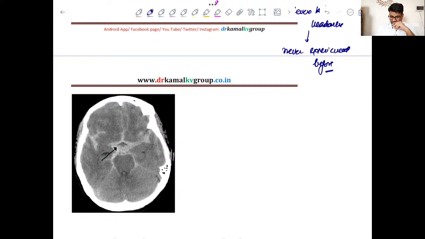Now this area is all the area of optic chiasma. We have already discussed, right? So this is the area of optic chiasma, and what you can see are the white shadows, and these white shadows actually reflect collection of blood, right? So these white shadows are actually showing that there is collection of blood.